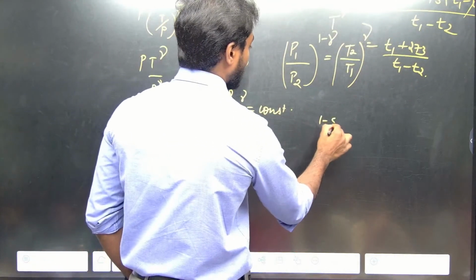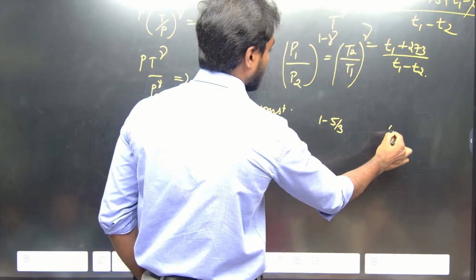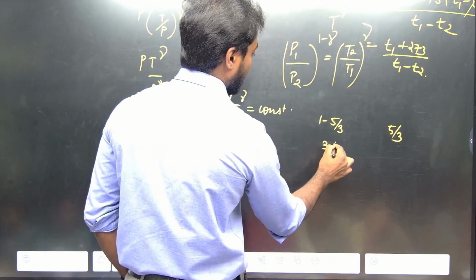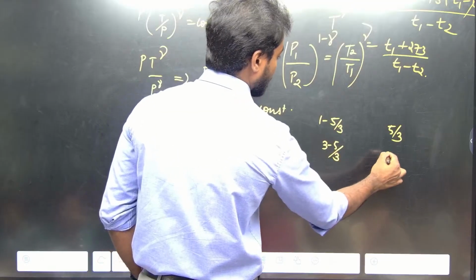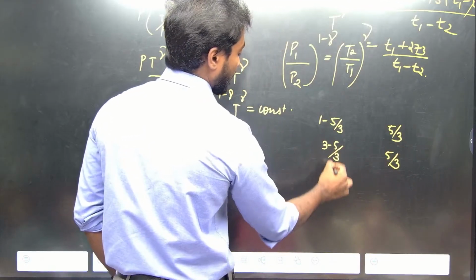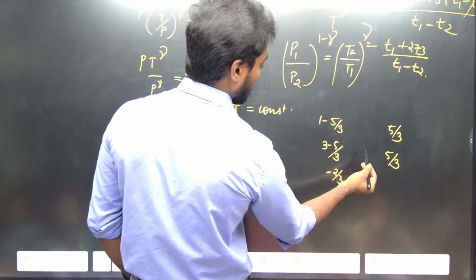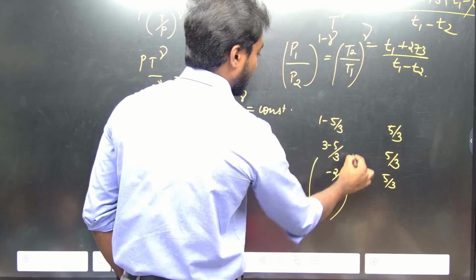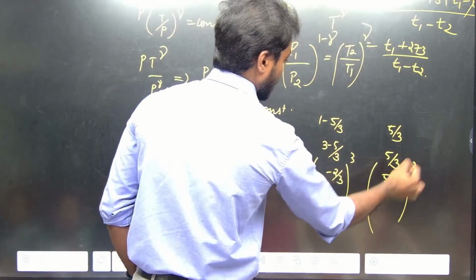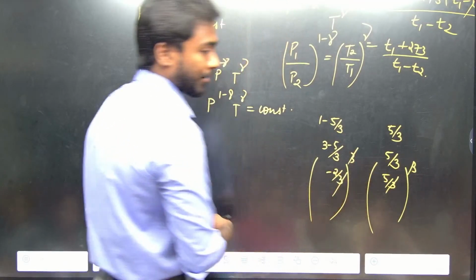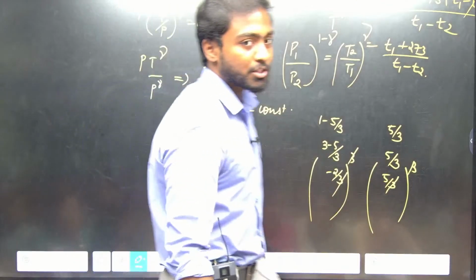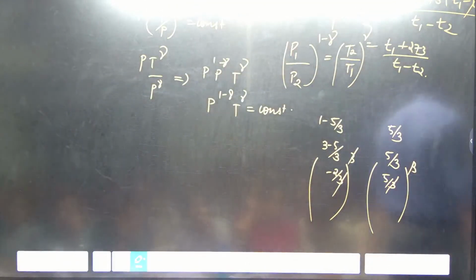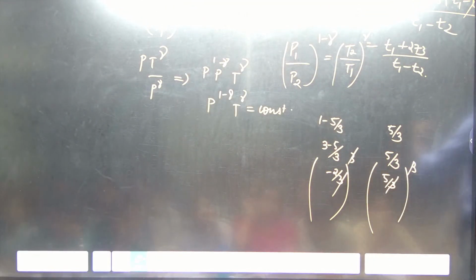So 1 minus 5 by 3, and this is 5 by 3. So 3 minus 5 by 3, and this is 5 by 3. So here minus 2 by 3, 5 by 3. If I multiply by 3, 3 and 3 will get cancelled. So remaining will be minus 2 and 5. For minus 2 what you should do? I should reverse the value. So if it is P1 by P2, then P2 by P1 will come.